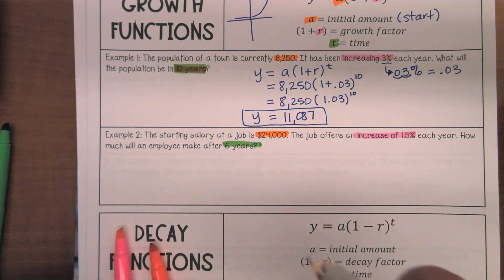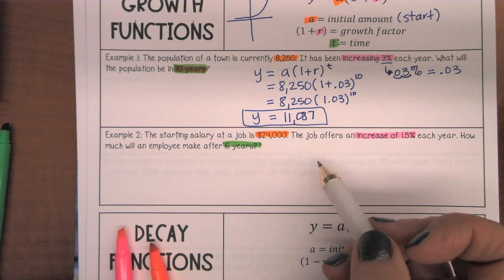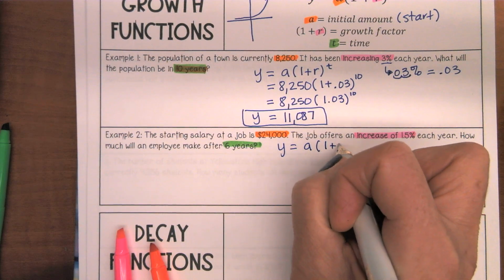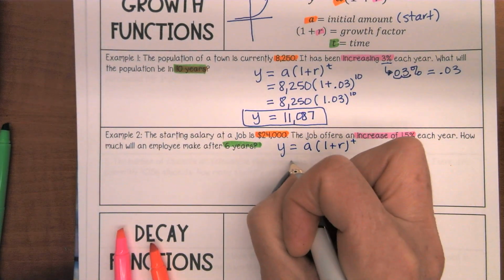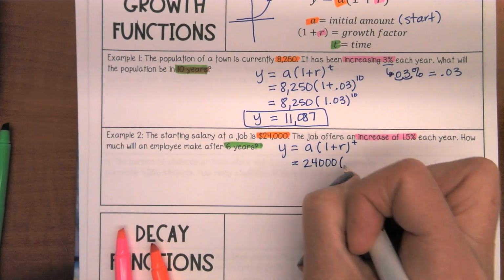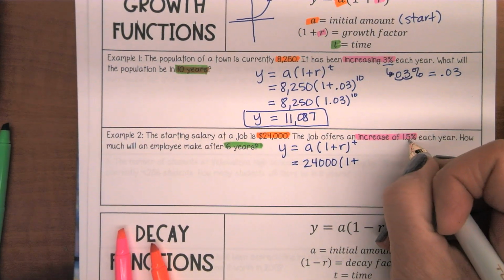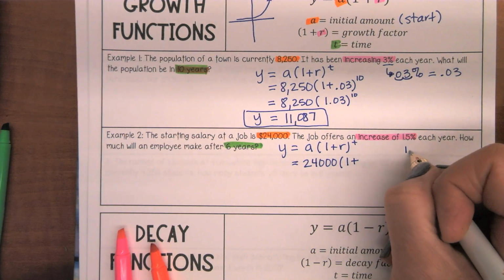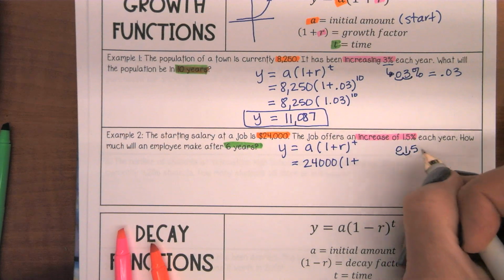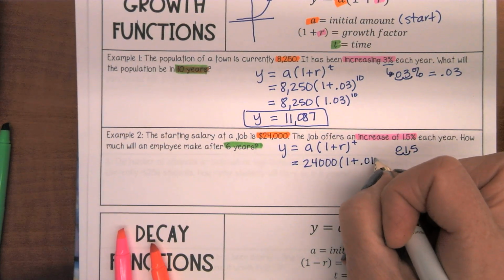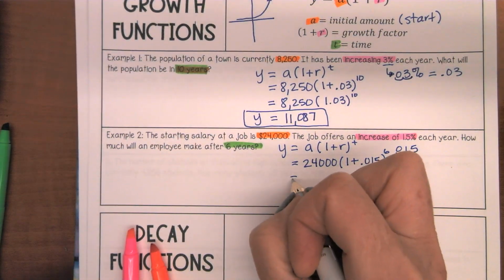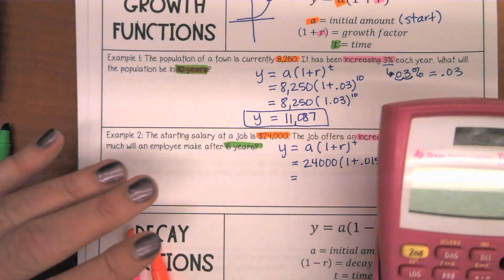Now that we have our three values, we can use our equation. Y equals A times 1 plus R to the T. Our starting value is 24,000 times 1 plus, notice my percent cannot be used in an equation, so I have to move my decimal twice. So it's 0.015 to the 6th power. Let's put that into our calculator.